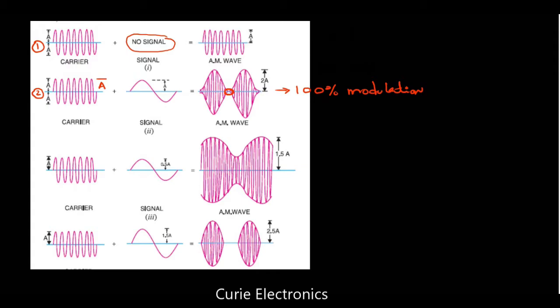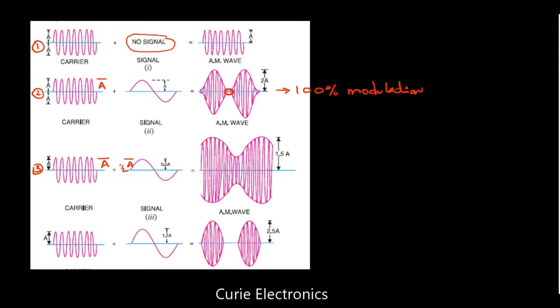Now, what is the third case? In the third case, our carrier amplitude is equal to A and our message signal amplitude is half of A, 0.5 A. Now we are getting a perfect wave with full information.